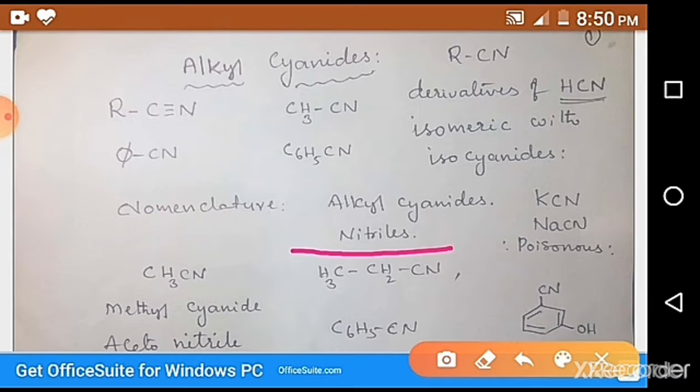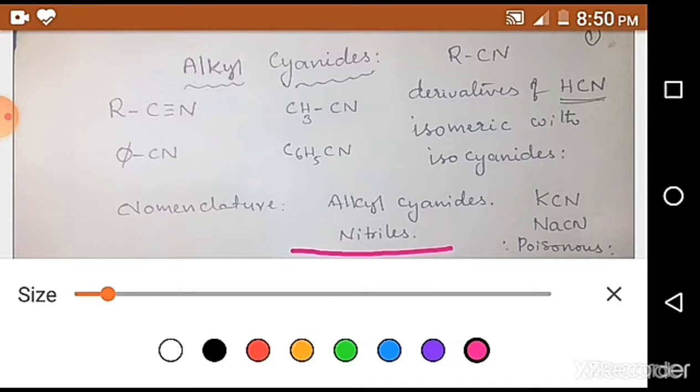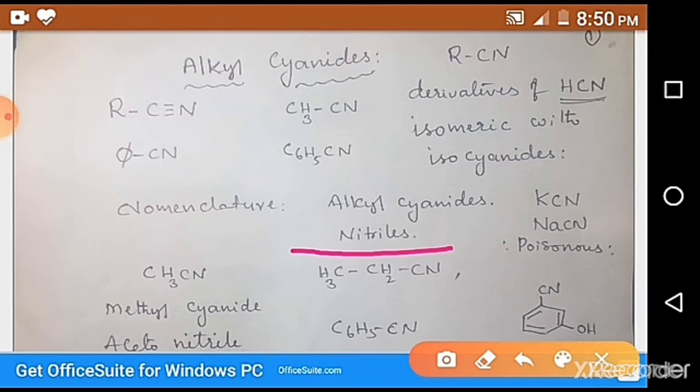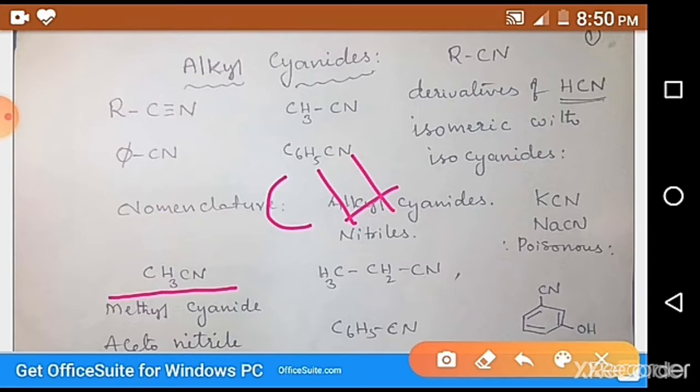For example, this is CH3CN. So this is methyl cyanide. We call this methyl cyanide or cyanomethane. CH4 is methane, but one of the hydrogens is replaced by cyanide group.